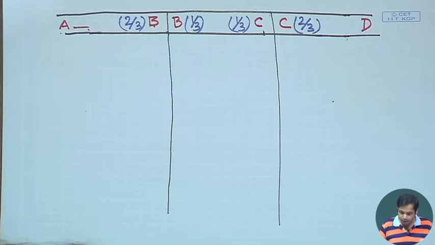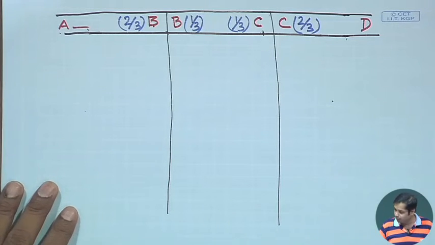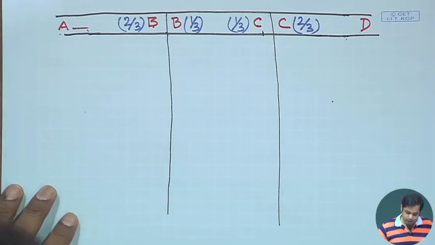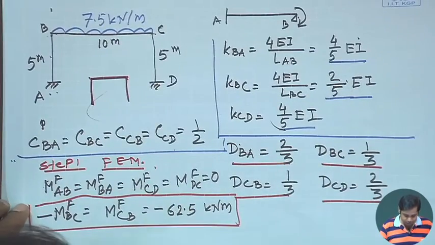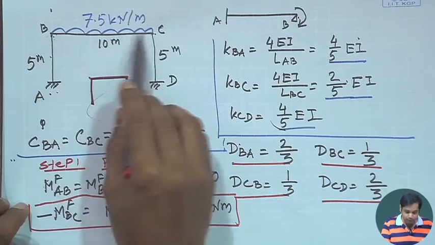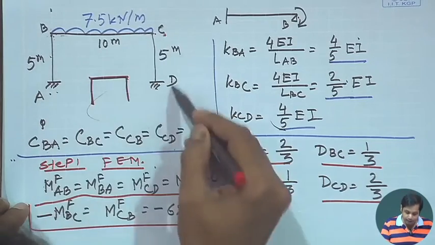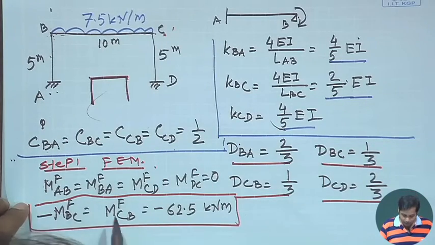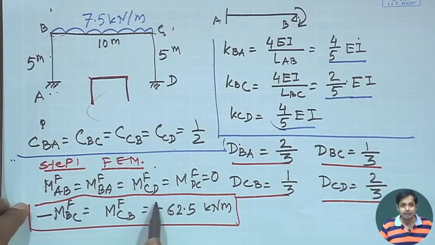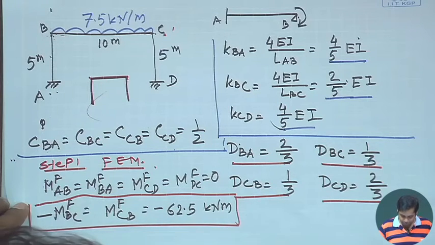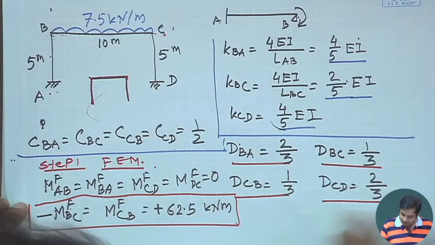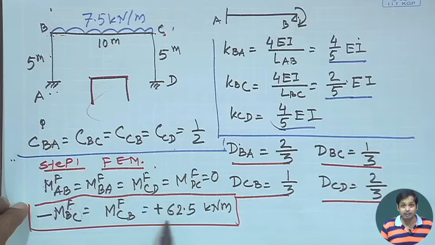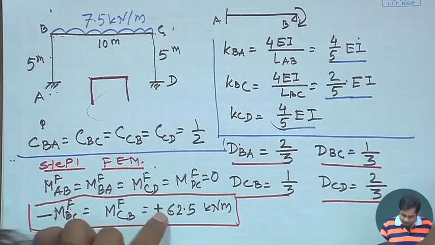Next, we have to write the fixed end moments. What are the values of the fixed end moments? Fixed end moments we have only in member BC. In members AB and CD, the fixed end moments are 0. And the value is 62.5. For this member it is negative, for this it is positive, so this is plus 62.5. Please correct it.